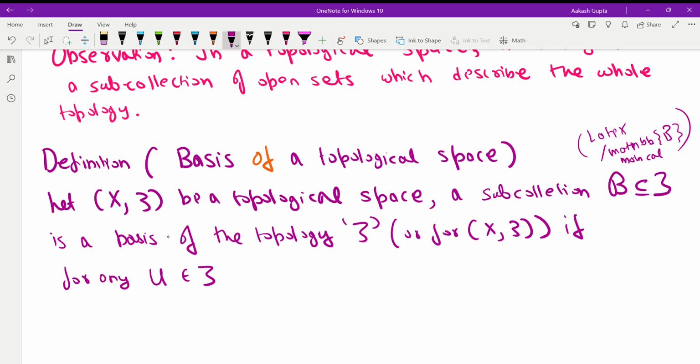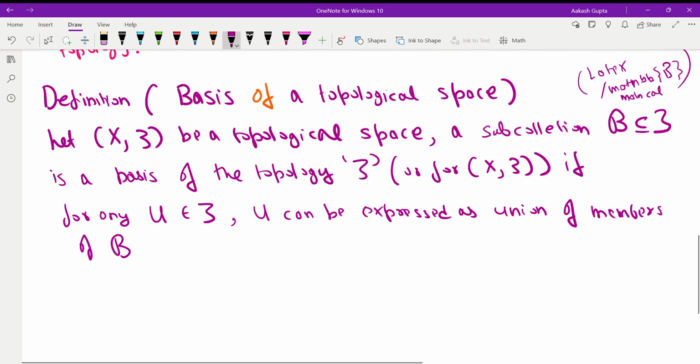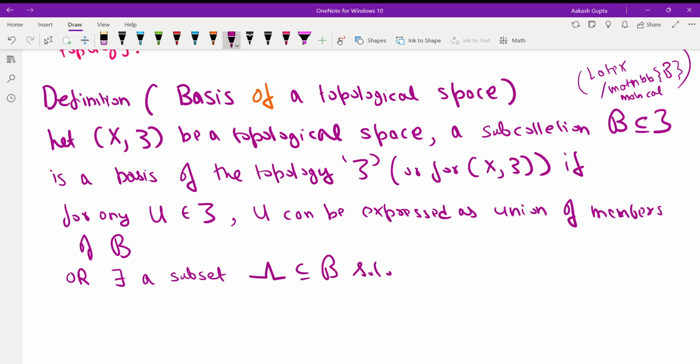So for any U in tau, U can be expressed as a union of members of script B. Any set in tau you can express as a union of members of script B. In mathematical language, there exists a subset, say this, contained in script B, such that, of course, this subset depends upon your set.